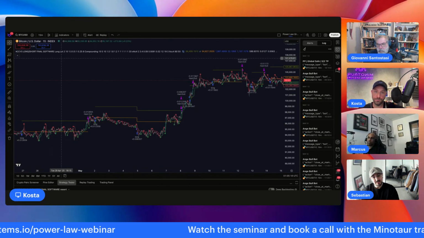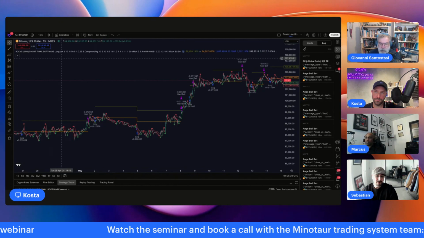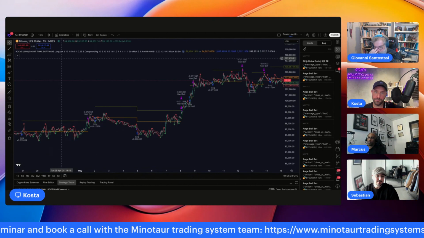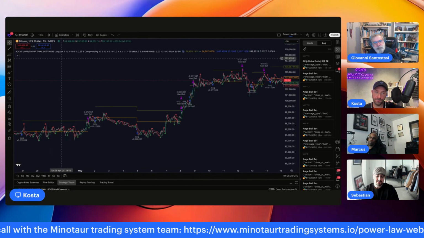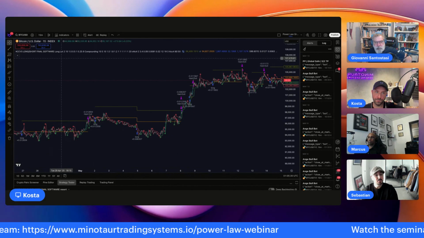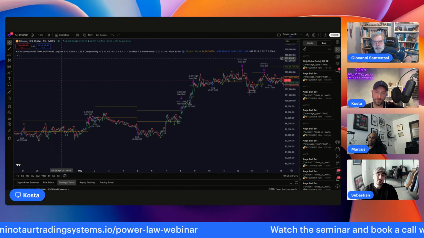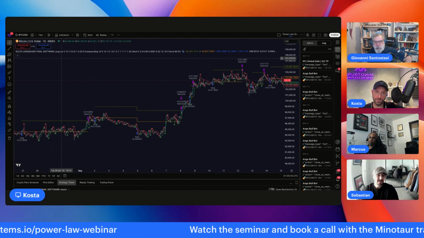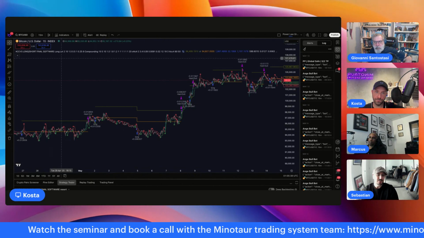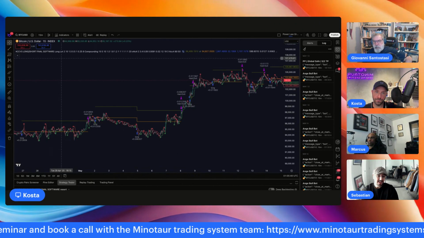So the beautiful thing about this is we run one algorithm that essentially trades to capture large moves in Bitcoin's price action, and then we run another algorithm that captures the smaller day-to-day movements. And when you put these in tandem with each other, all of a sudden you've got a system that has the ability to trade all the price action that's in front of you, which is a very, very powerful thing.